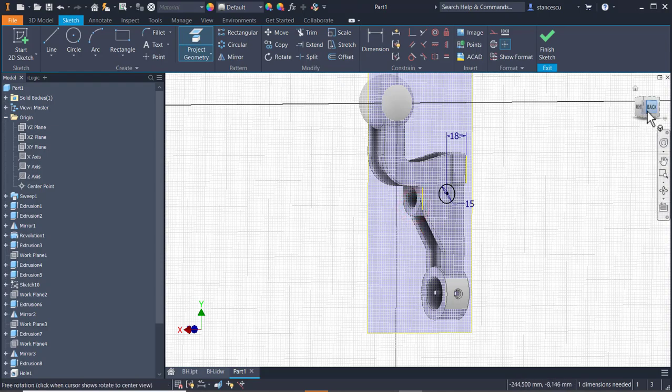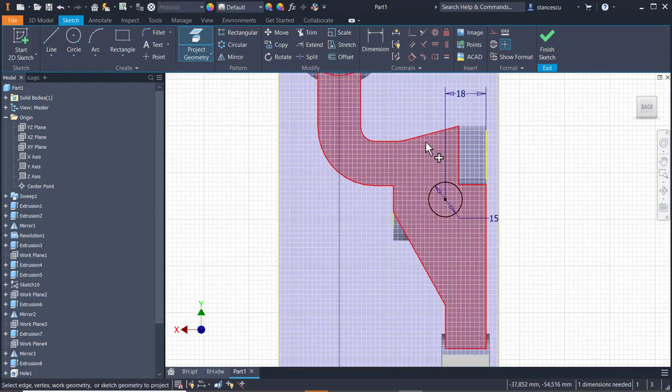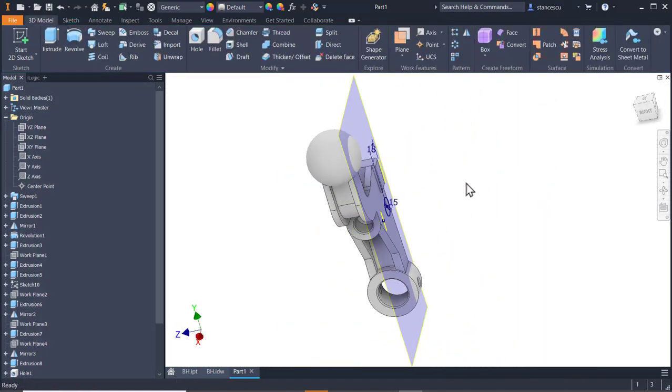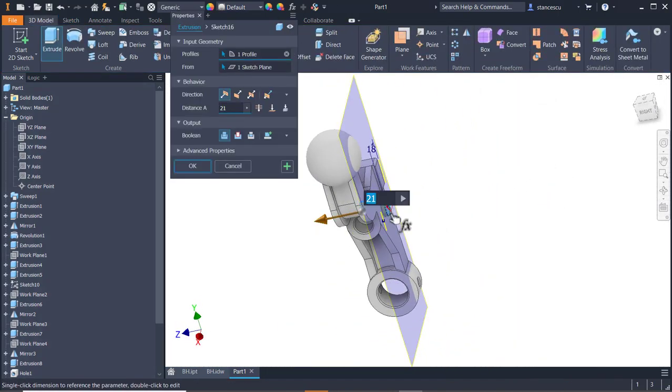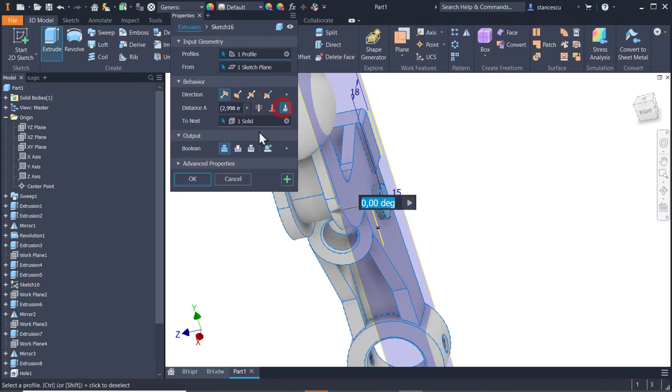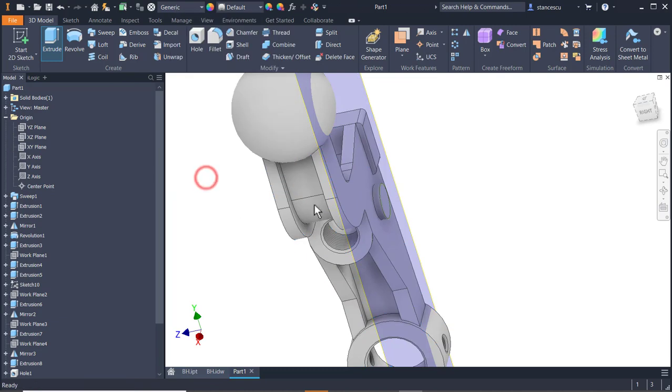Now I have a midpoint to select and to place this on the same horizontal. Extrude to the part. Okay.